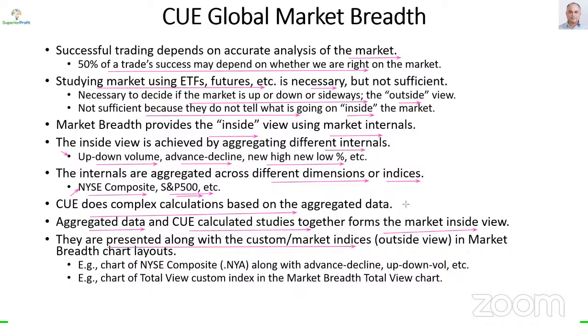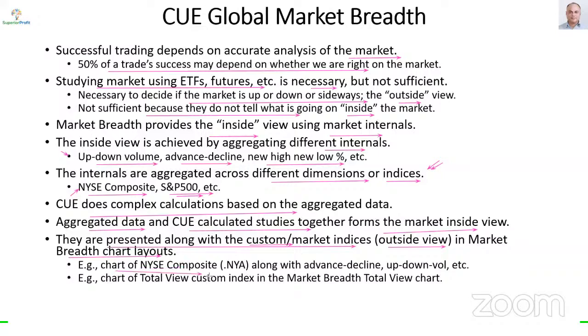The market indices are the dimensions used for aggregating, and sometimes a custom Q index may be used to combine the outside view and inside view in market breadth chart layouts. These are ready-made chart layouts. After processing the breadth indicators, all we need to do is open the layouts.